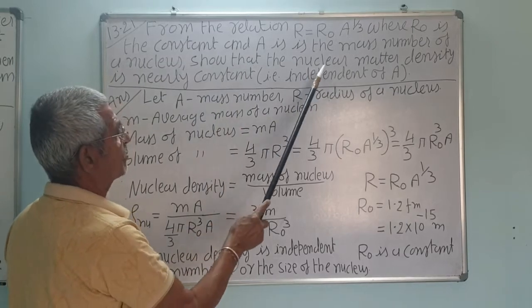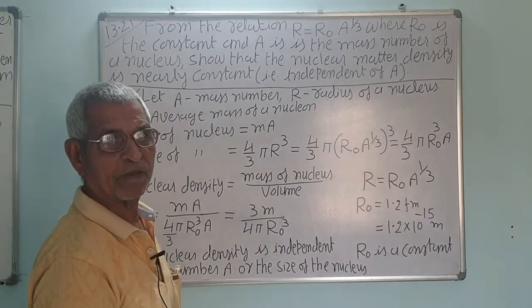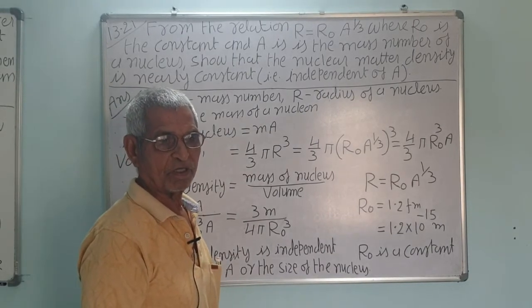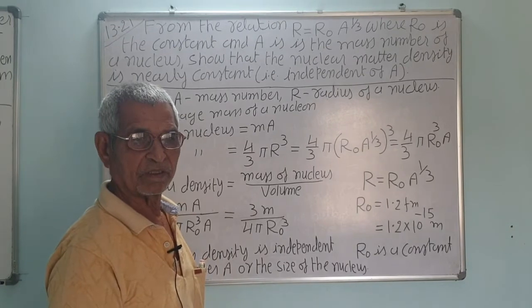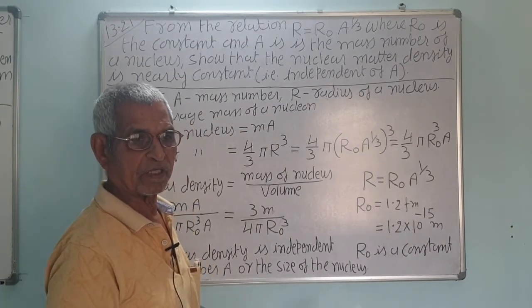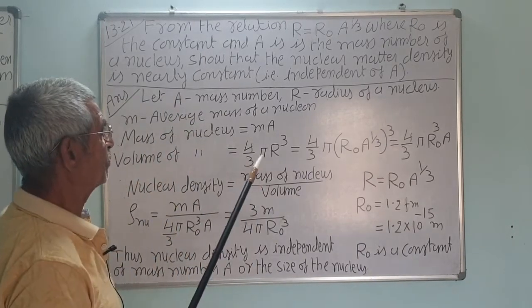Show that the nuclear matter density is nearly constant, that is, it is independent of the atomic mass number. Whatever the mass number of the nucleus, the density remains the same. That is, it does not depend upon the size of the nucleus. If the size is bigger, the volume will be more, so the ratio of mass upon volume will be the same.